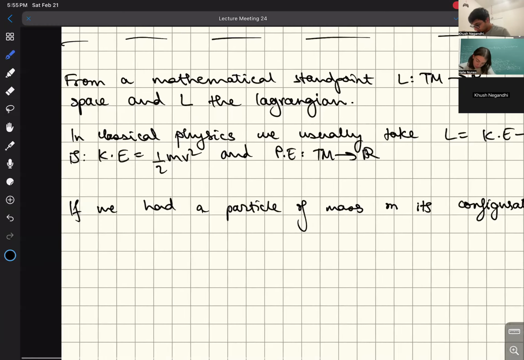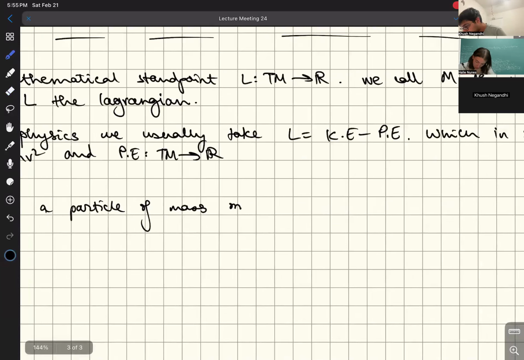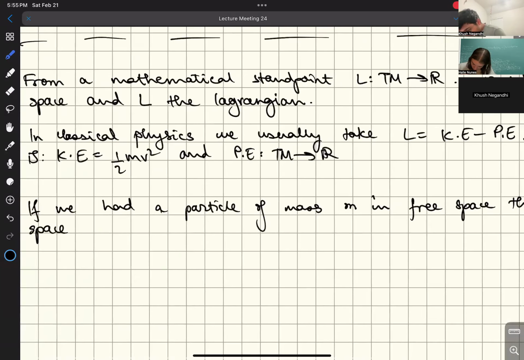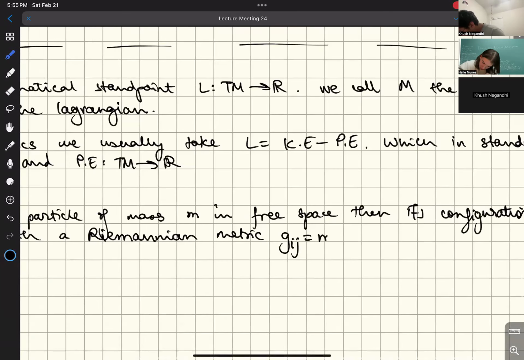If we had a particle of mass m in free space, then its configuration space is Rn with a Riemannian metric Gij equal m times delta ij.